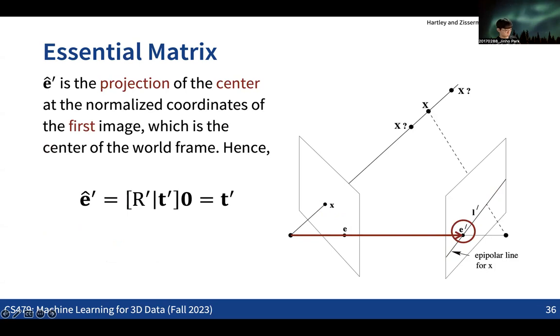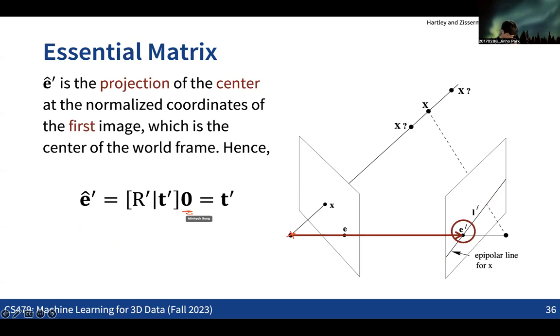So let's see one more thing. What we also discussed is that the epipole in the second frame was the projection of the camera center of the first camera into the second view, right? Now we are seeing everything in the normalized coordinates, and the normalized coordinate in the first frame is the same as the world coordinates.